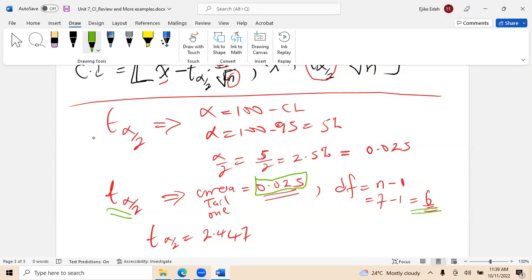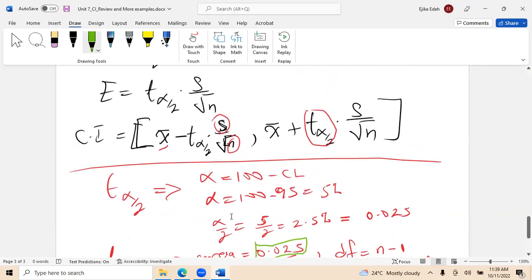So combining that area and degree of freedom, you're going to get your T critical, which is 2.447. Now if we go back to this formula, we've got everything we need. We already have the mean, the sample standard deviation, and the sample size. Whatever was remaining was just the T critical value, and we just got that. So now we have it, we'll complete our work.